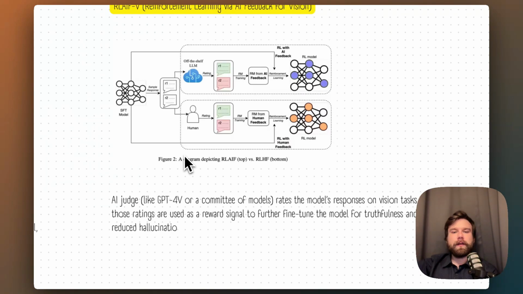And then we use an external LLM like GPT-4 or some other better LLM to judge the responses. So the AI then rates the responses, and of course it has some prompts, right? So we give the guidelines and the way it should judge the responses, but we do this with AI rather than humans.